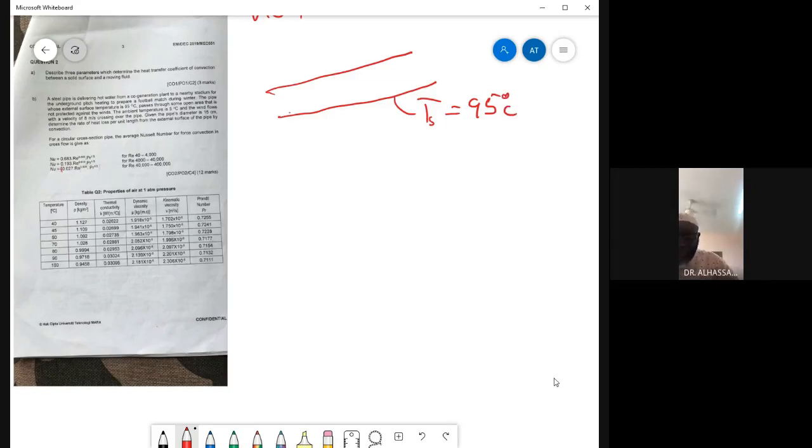It passes through some open area that is not protected against the wind. So it means that there is air flowing across it, so there will be convection heat transfer. Now the ambient temperature, T infinity, equals 5 degrees Celsius. The velocity of the wind, U infinity, is 8 meters per second, crossing over the pipe.